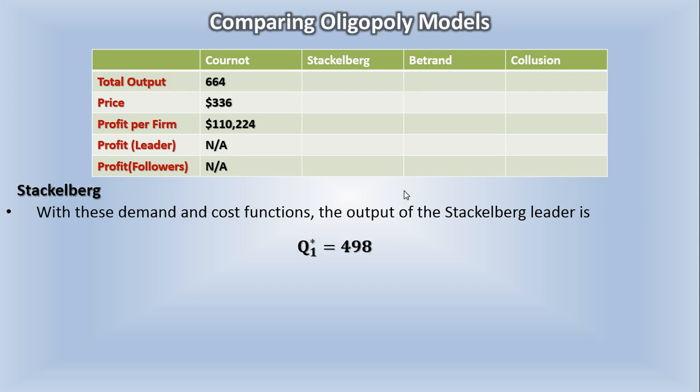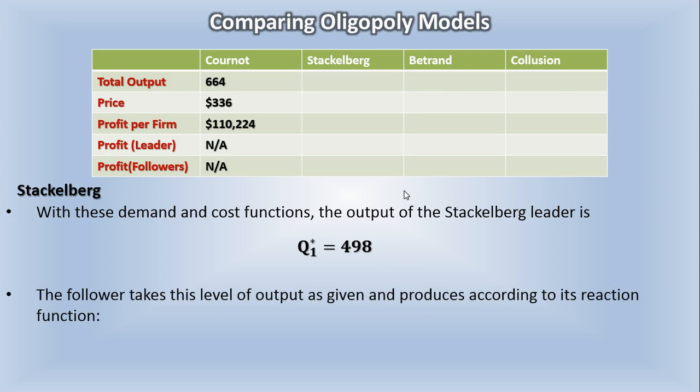So immediately you see that the leader is able to supply more than it would if it didn't get that first mover advantage. The follower takes this level of output as given and produces according to its reaction function. And therefore the follower winds up producing 249 units, which is less than, of course, what the Cournot duopolists get to supply. Again, because the leader gets to go first, the leader winds up getting a bigger chunk of the pie of the market.